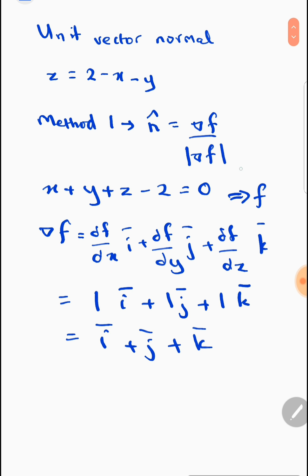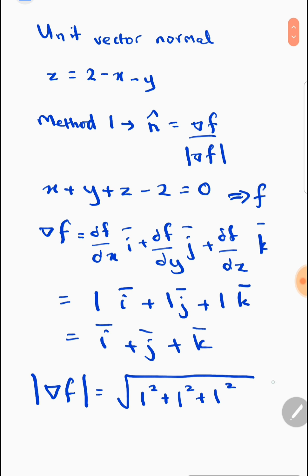Now I want to find the modulus of my nabla f. If you recall how I get the modulus, it is the magnitude. So I get the square root of each coefficient squared, add those up, and get the square root. That leaves me with square root of 3.